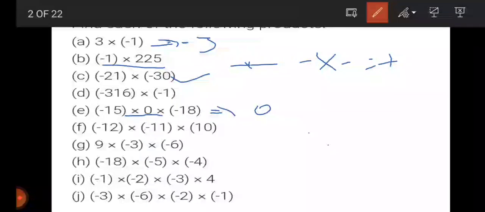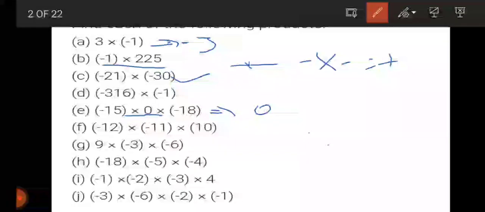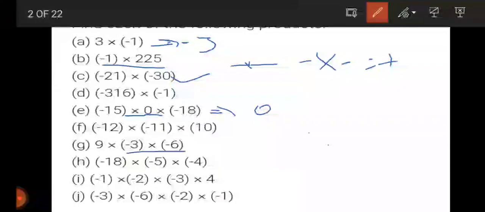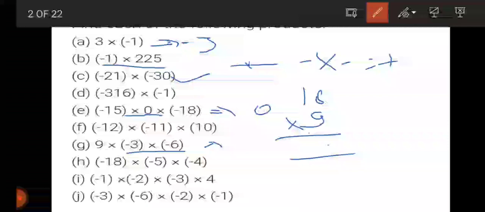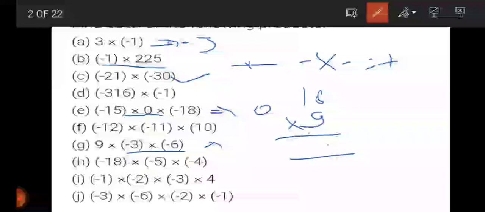And minus minus multiplication is always positive. Minus minus again plus, so the answer is positive, and you simply multiply, 6 times 3 is 18, and 18 multiplied by 9. You just simply multiply and you get the answer.